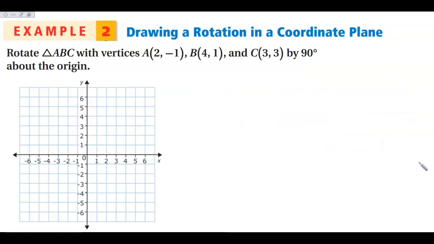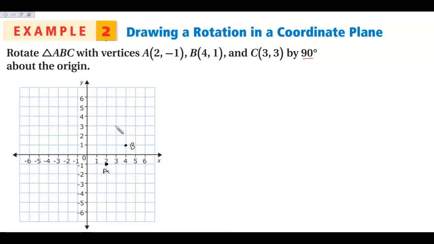So example 2, I want to rotate 90 degrees about the origin. I want to rotate triangle ABC. So the first thing that we're going to do is graph triangle ABC. A is at the point 2, -1. B is at the point 4, 1.